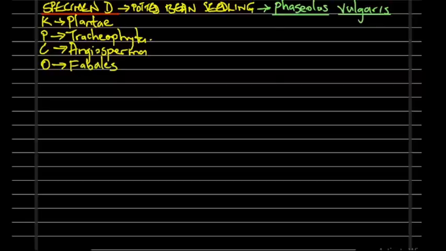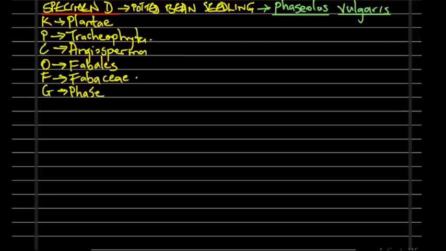The Fabales is the order, and then we have the family, like I said, to be the Fabaceae. The Fabaceae is the family, and then we have the genus and the species to be the Phaseolus, and the species is the vulgaris.